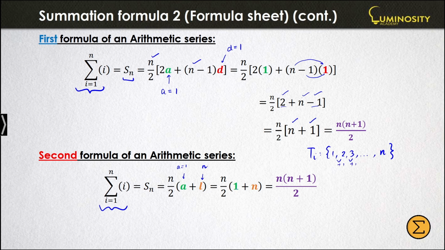So I get 1 plus n, but addition is commutative, so I can rewrite that as n plus 1. So I have n over 2 times (n plus 1), which I can rewrite as n times (n plus 1) all over 2. That is the exact same result we expected. So that is where the second formula on your formula sheet is derived from. It is just summing up the arithmetic sequence with a first term of 1 and a common difference of 1.